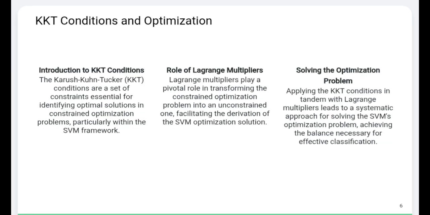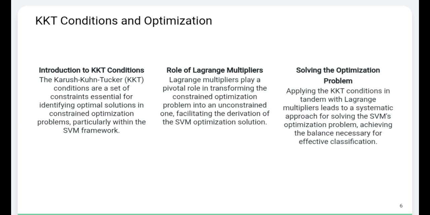KKT condition and optimization. Introduction to KKT conditions. The Karush-Kuhn-Tucker, or KKT, conditions are a set of constraints essential for identifying optimal solutions in constrained optimization problems, particularly within the SVM framework.